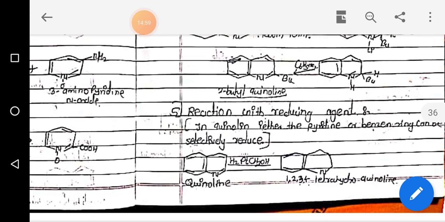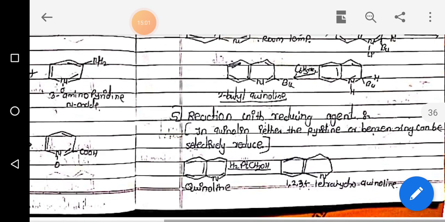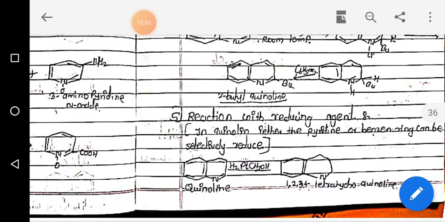Next reaction is the reaction with reducing agents. What is a reducing agent? Reduction and oxidation are two concepts, in terms of electrons, oxygen and hydrogen. If there is an increase in hydrogen, it is a reduction. Reducing oxygen means reduction.